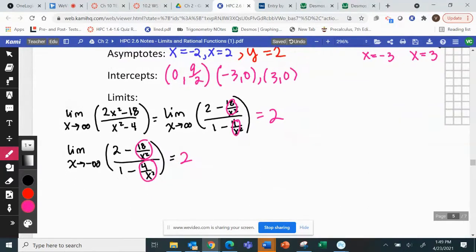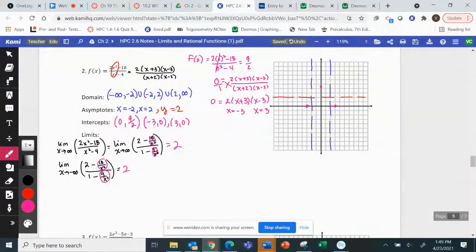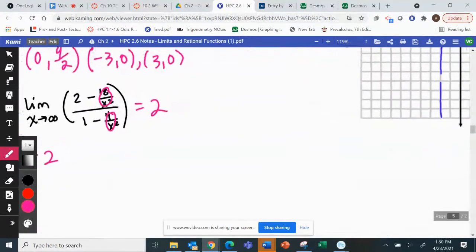And then we have to find the limits around the asymptotes so we know if the graph is going up or down at those vertical asymptotes. But there's 2 asymptotes. So we have to go on the left and the right of both asymptotes. So I'm going to have 4 steps for my limit for those asymptotes.